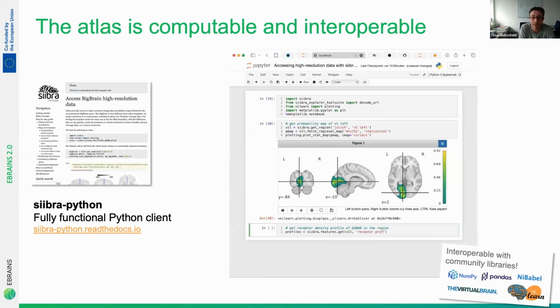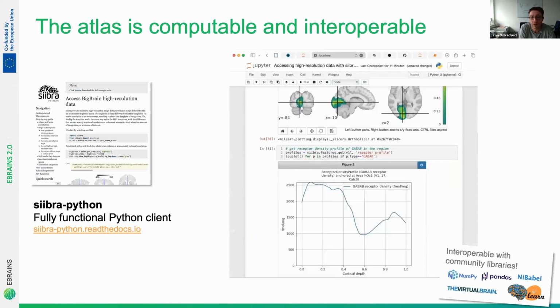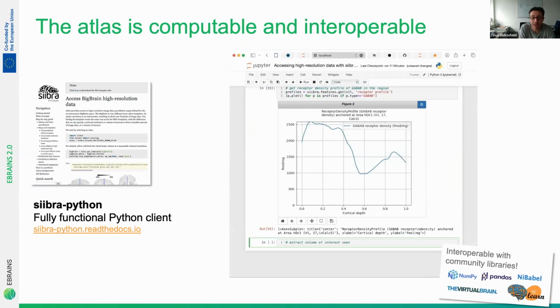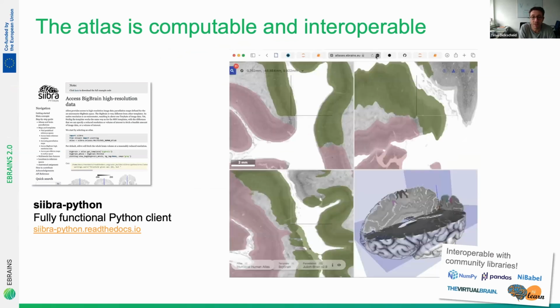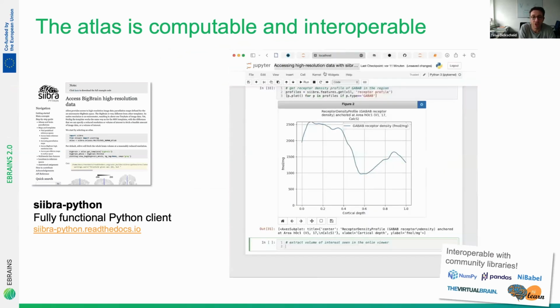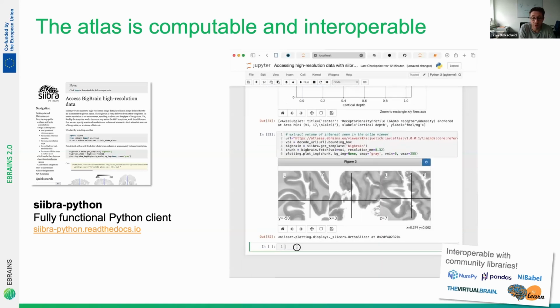So we can here write typically short Python code that finds brain parcellations, downloads them, searches certain regions. It can process views of the online viewer and extract information in these views, download full resolution data from the BigBrain, 1 micrometer data in certain regions of interest for you, and do all of this in a fully reproducible fashion.